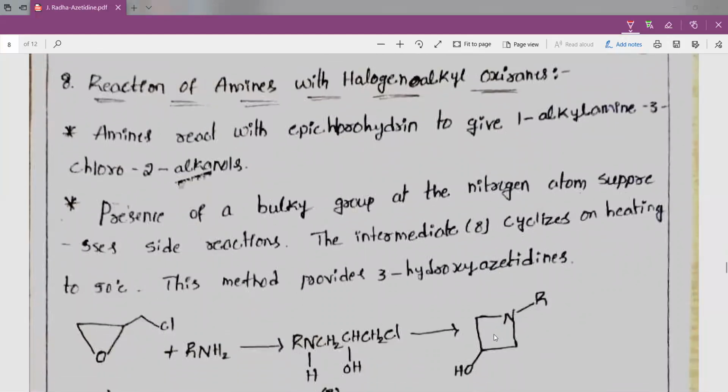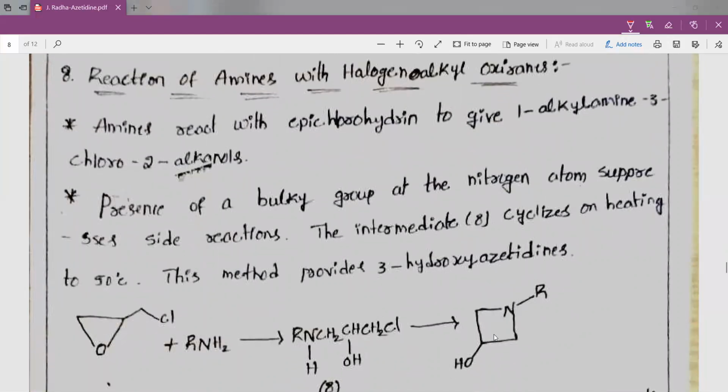So, reaction of amines with halogeno-alkyl oxiranes. This is a 3-membered heterocyclic ring system containing a methyl halide side chain. It is epichlorohydrin. So epichlorohydrin is treated with amines.